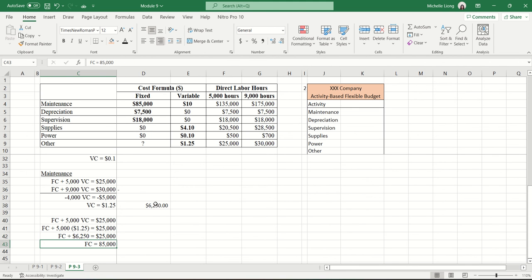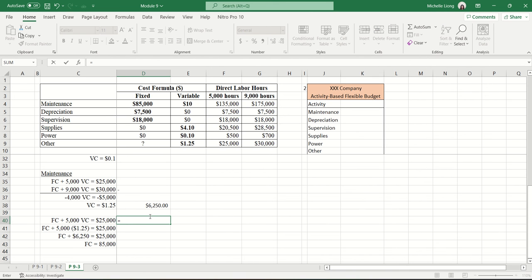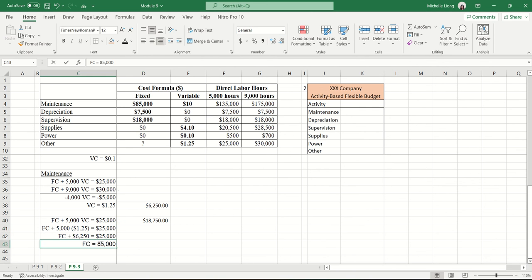And then we just need to take 25,000 minus 6,000. So it's 18,750. Yep. And that is the amount for this other.